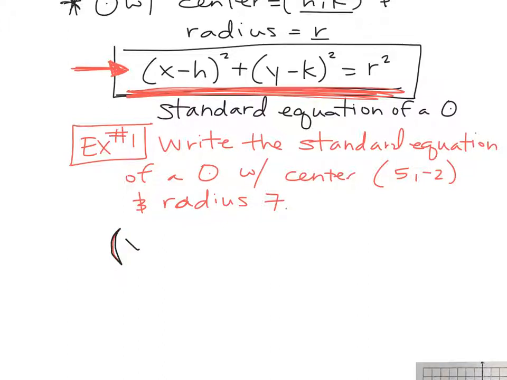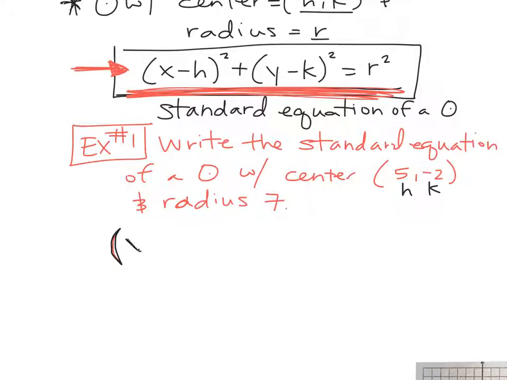Okay, so here's the deal. Your h and k are here, right? We're just plugging those into the formula. The biggest place I see mistakes made on this is that the standard equation uses subtraction. You have to be careful with that.